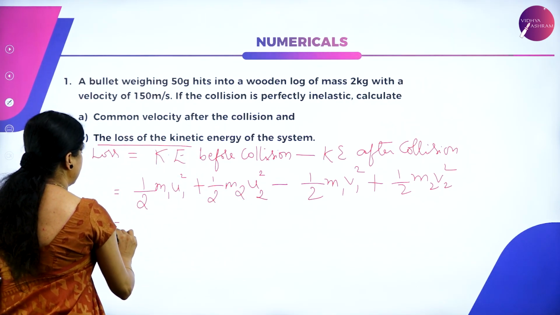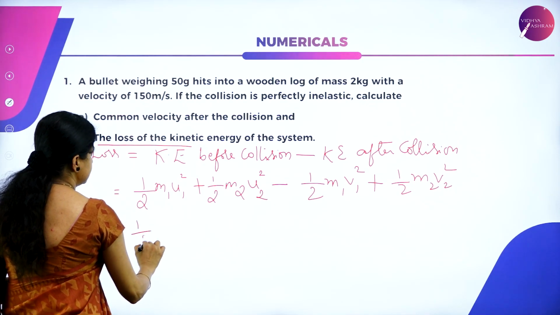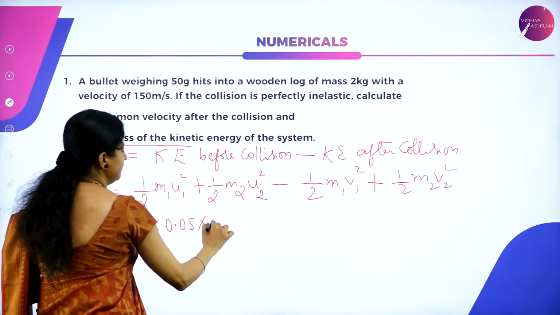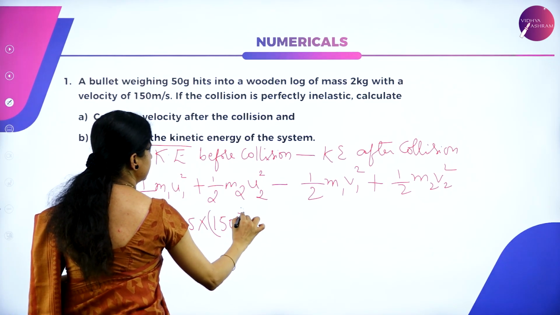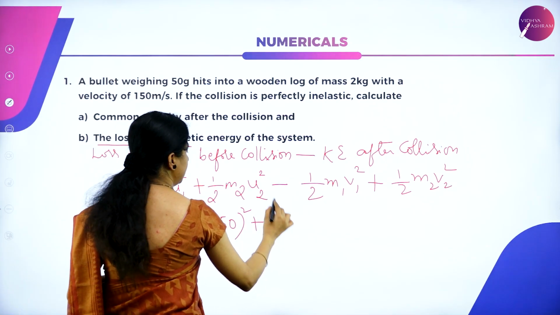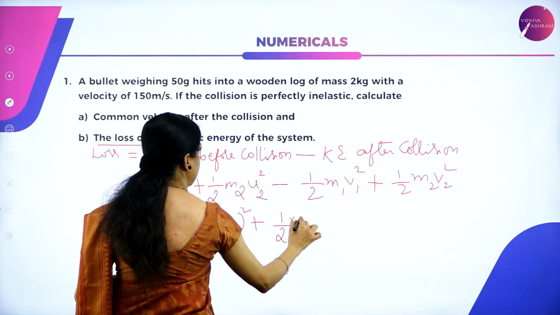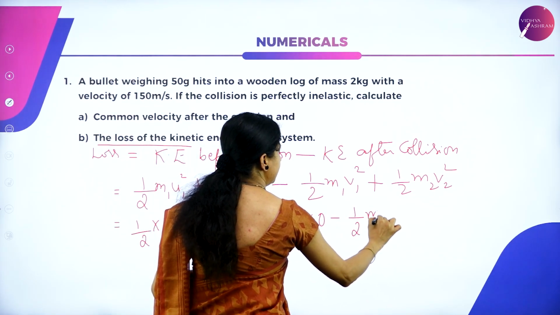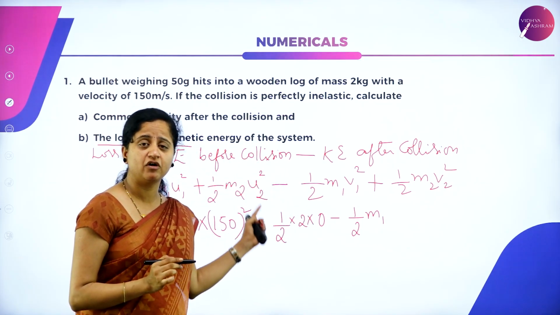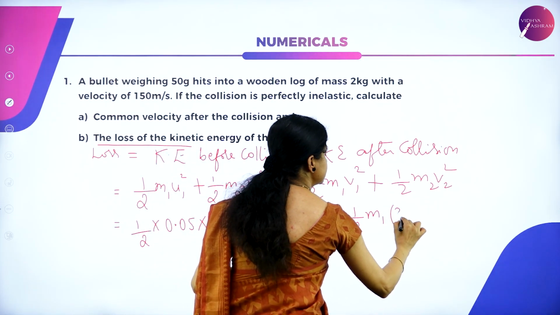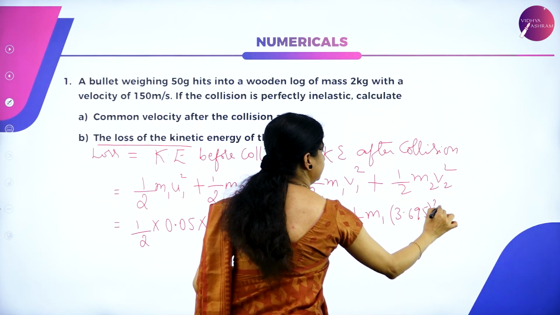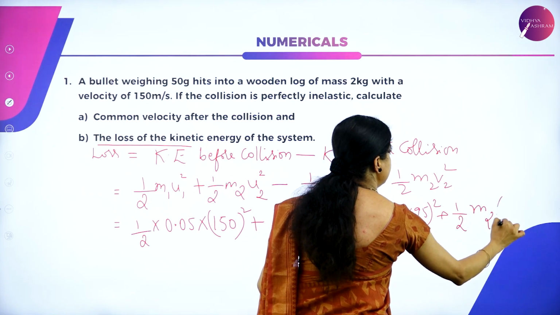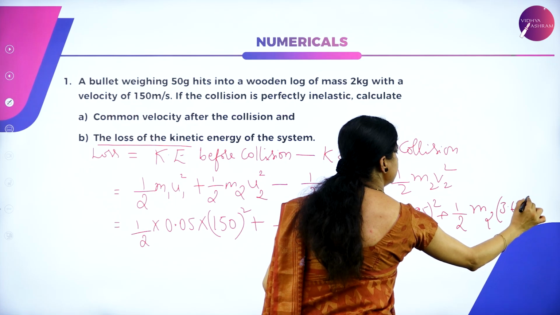So let us substitute the values in this expression, that is half into the mass of bullet 0.05 kg into the velocity of 150 meter per second, that is 150 square, plus we have u2 value is 0 but m2 value is 2, 0 minus half m1 v1 value we have already calculated, it is 3.695 the whole square plus half m2 and v2 square is again 3.695 the whole square.